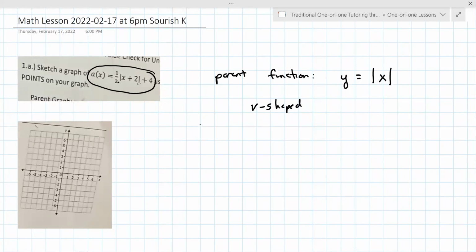So I'm going to make a table for the parent function here. 3 points here. We're going to go with x and y.